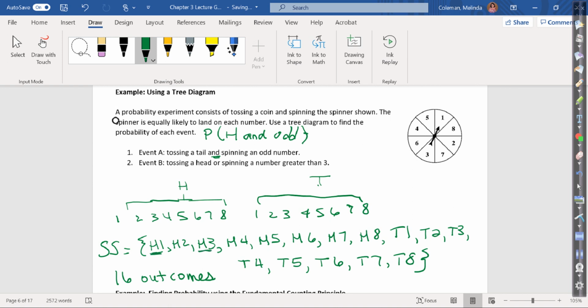This one would be a head and an odd number, head and an odd number, head and an odd number. So in this case, there would be 4 positive outcomes, 4 that we wanted to happen, out of 16 total outcomes. So 4 divided by 16 would be 1/4, or 0.25.